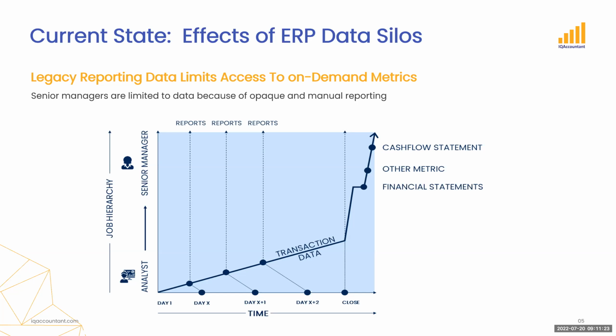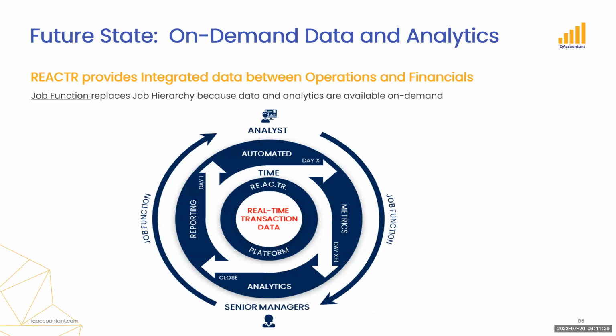and make the data more readily available. If we're able to provide on-demand data and analytics, then the process would work more like we're showing in this picture, where we have constant real-time transaction data in the middle there.